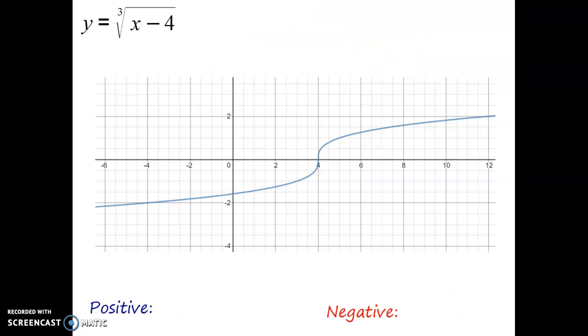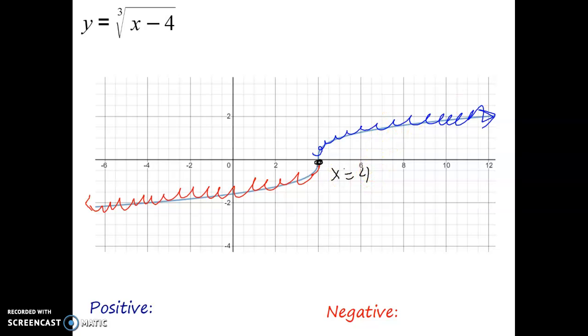Okay, positive. Remember, positive means above the x-axis, so that's going to be this part. And this one does have a negative part. Negative means below the x-axis. Still reading, though, from left to right. Okay, and where does it change? Where does it move from negative to positive? Well, that's going to happen right here at my x-intercept, which we said was at x equals 4.